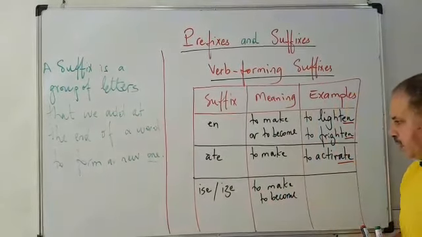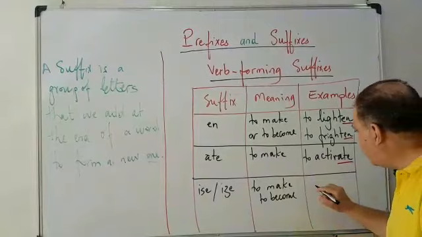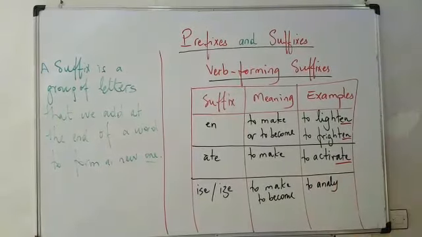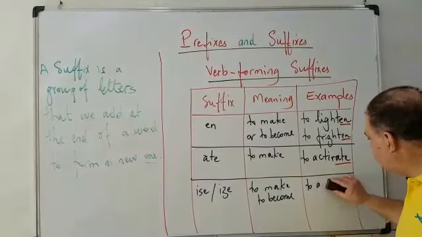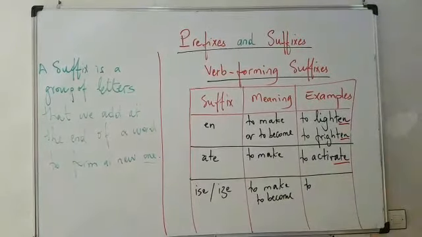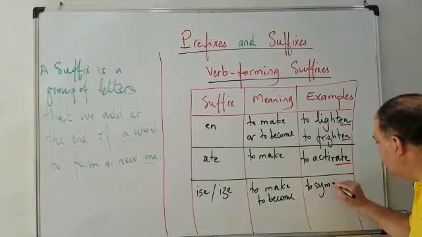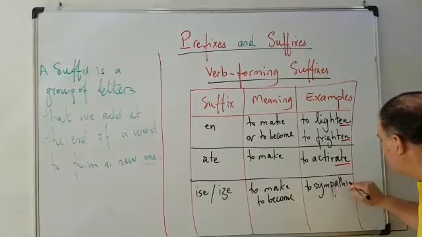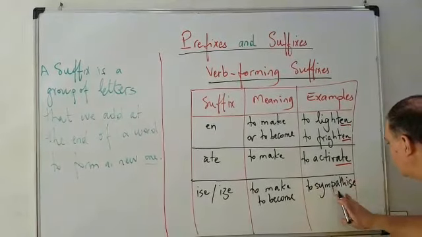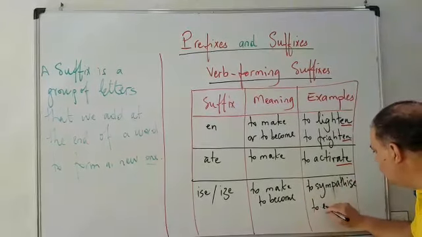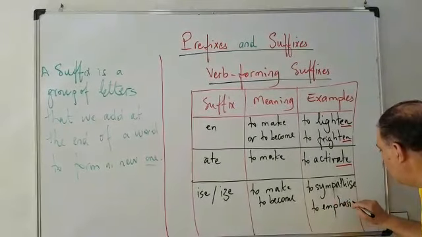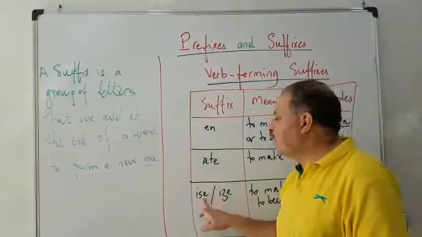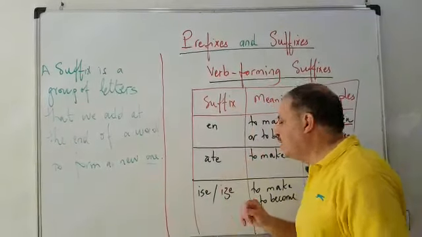For example, we can talk about other verbs, to sympathize and to emphasize. As you may see here, we can put ISE or IZE.